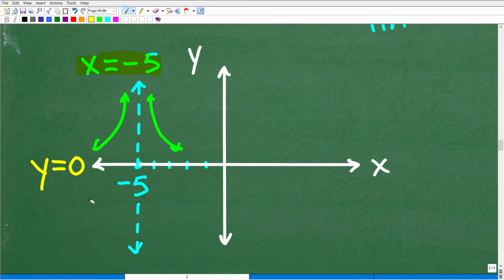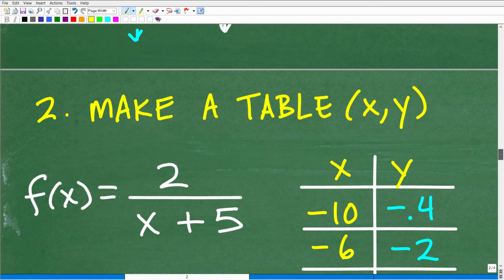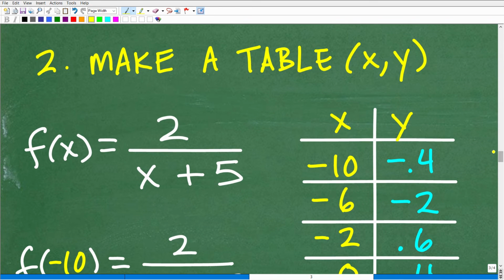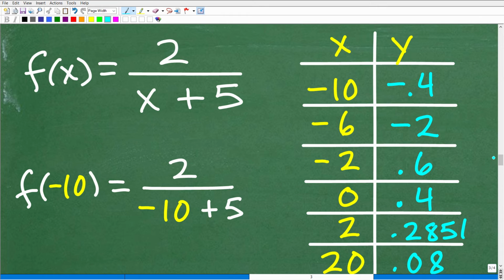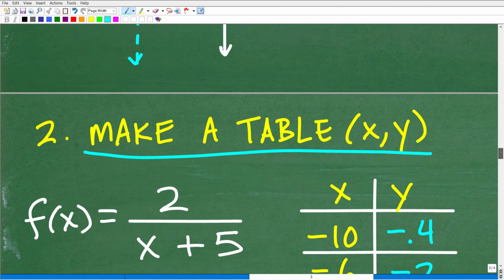So the way to figure this out is we're going to move on to step 2, and step 2 is to construct a table. Make a good old-fashioned XY table. And this is basically going to be up to you on how many points you want to construct. You're going to need enough points to plug into this function to see the behavior. Of course, you can see my points here, but you don't have to use my points.